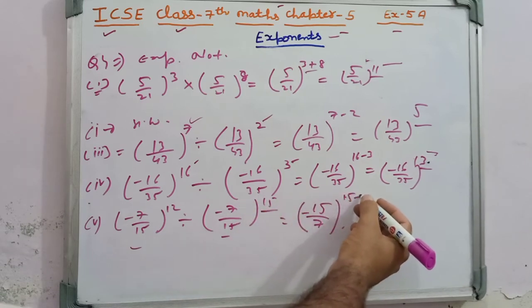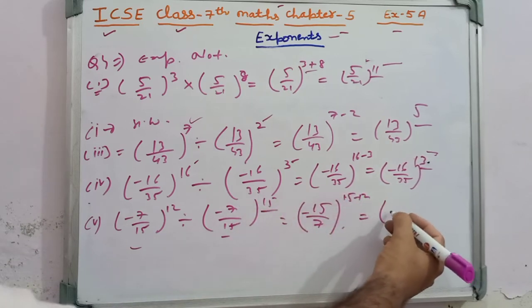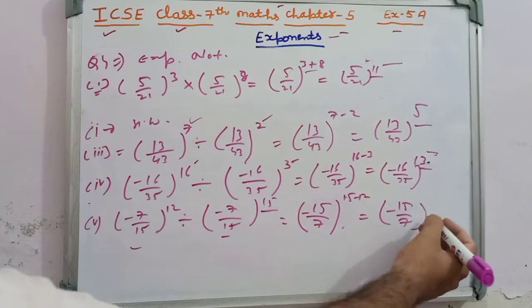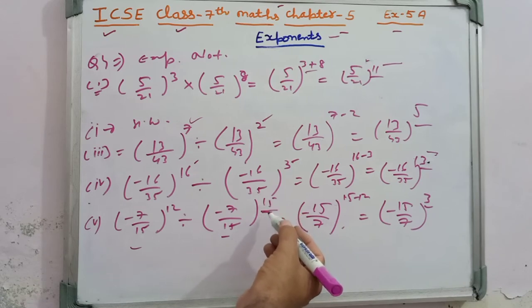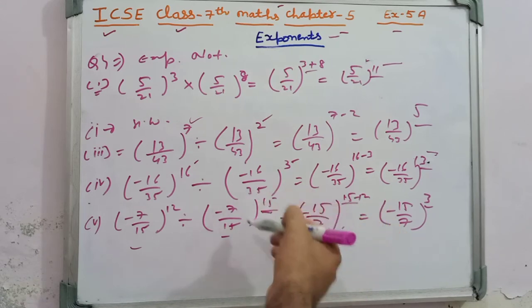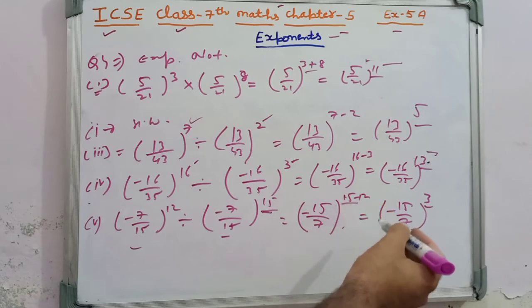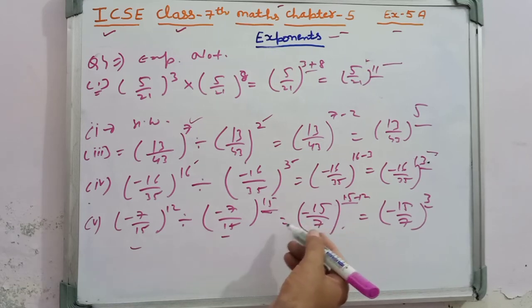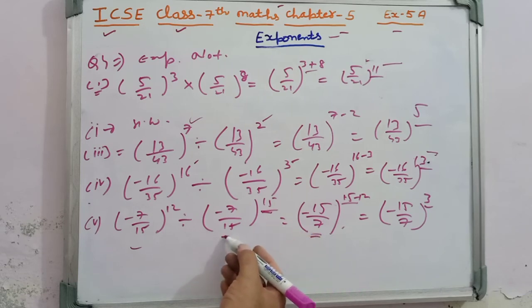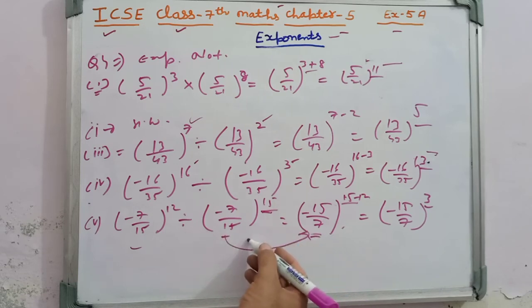15 minus 12, minus 15 upon 7. Whenever this will be bigger, while doing minus, the numerator will become denominator and denominator will become numerator, or we can say we will write the reciprocal of this.